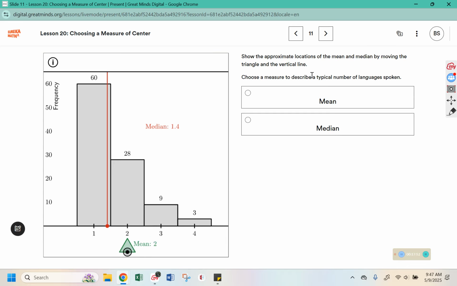So choose a measure to describe the typical number of languages spoken. I would say that the typical would be better off using the median than the mean.